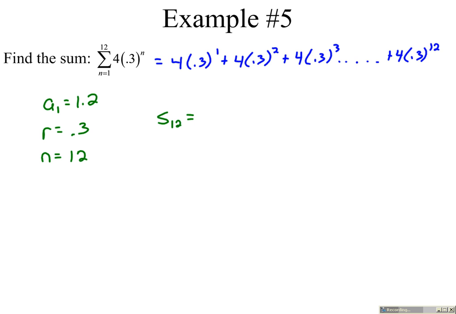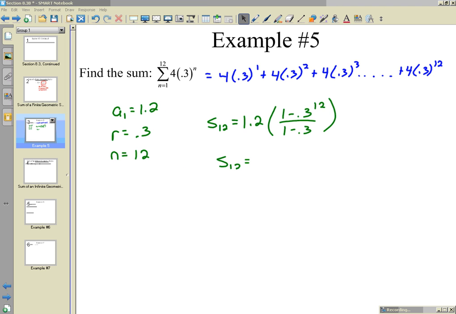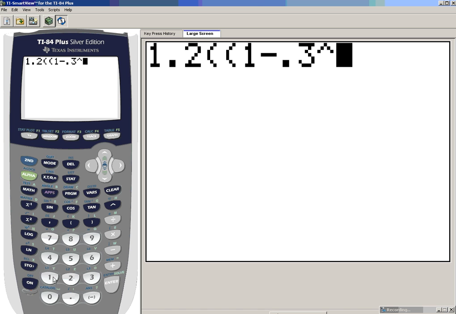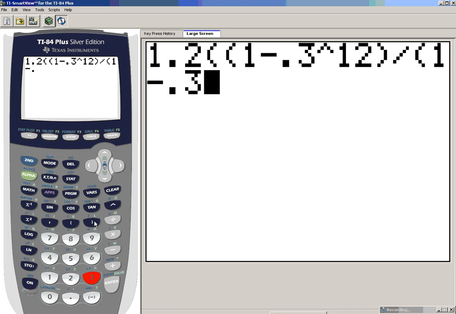Sum of those first 12 terms is 1.2 times 1 minus the common ratio to the n power over 1 minus the common ratio. From here, plug that whole expression into your calculator. Let's take a look at that. We're going to have 1.2 times, we need a set of parentheses for everything, and then a second set just for the numerator, which is 1 minus 0.3 raised to the 12th power, divided by another set of parentheses for the denominator, 1 minus 0.3.